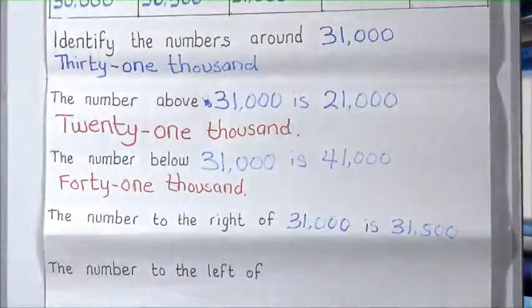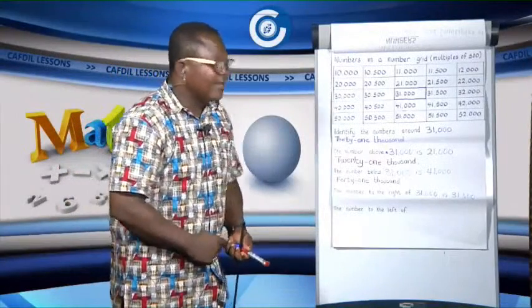Good. And how do we write the number name for this 31,500? We also write it this way.